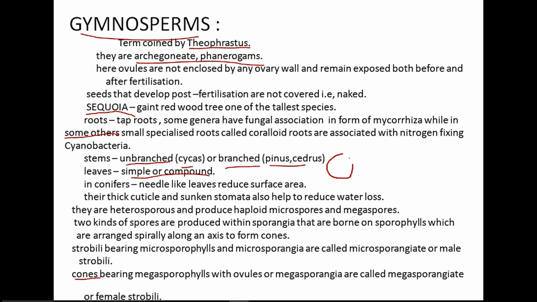So this might be one megaspore mother cell, which meiotically divides into 4 megaspores like this.